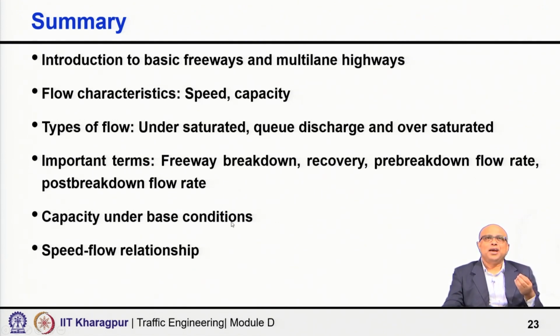Then the capacities under base conditions for freeway and multi-lane highway segments, and the speed-flow relationship, constant and then changing following a parabolic relationship, and then 45 passenger cars per mile per lane.